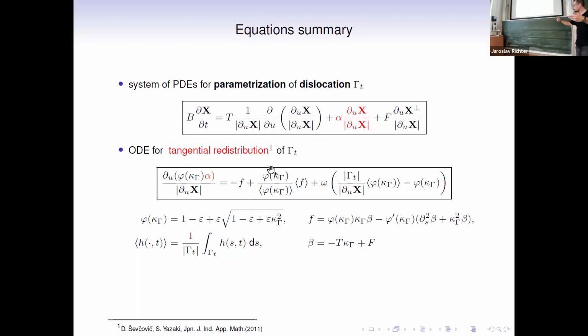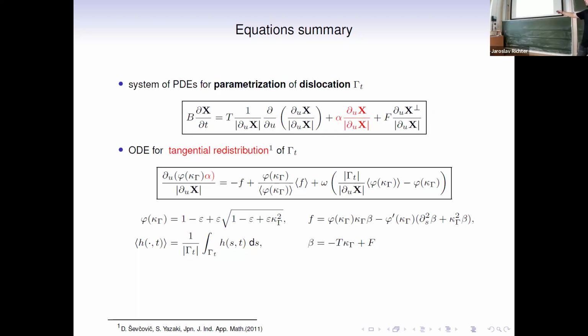It takes into account the information about the curvature, and by the parameter epsilon, you can control the strength of such a redistribution. The fundamental idea basically is they want to keep the constant ratio between the total length of the dislocation or the curve and the relative local length.